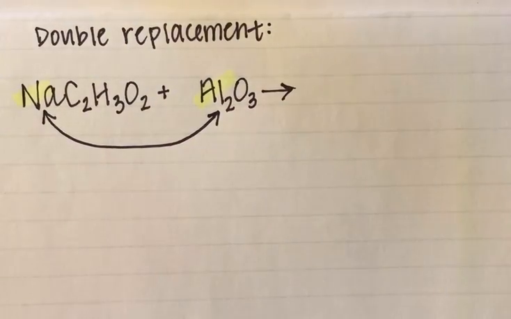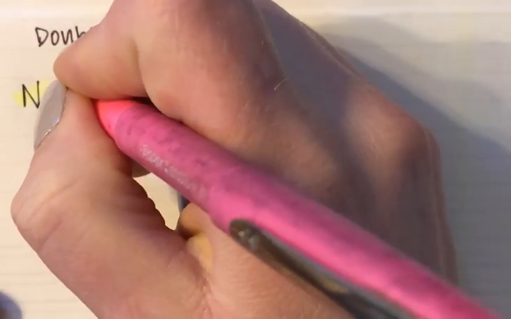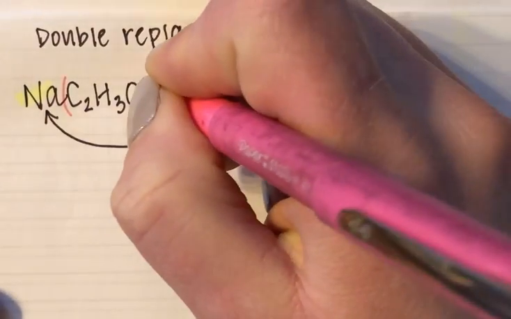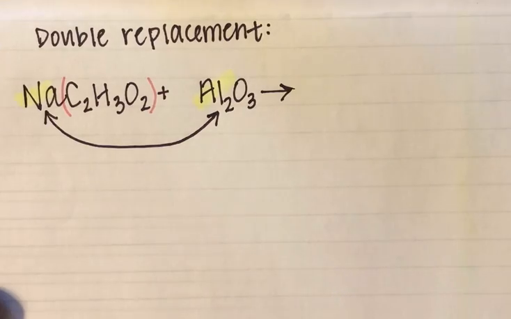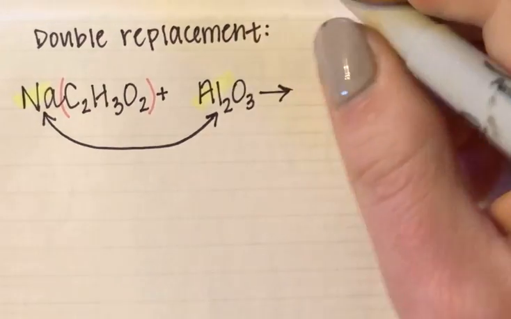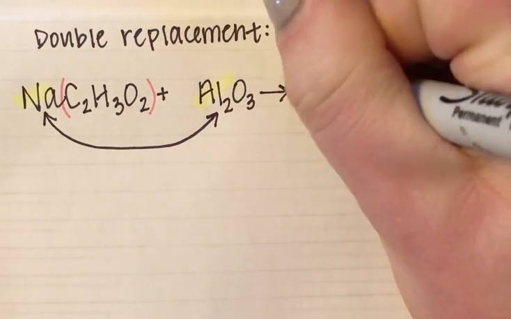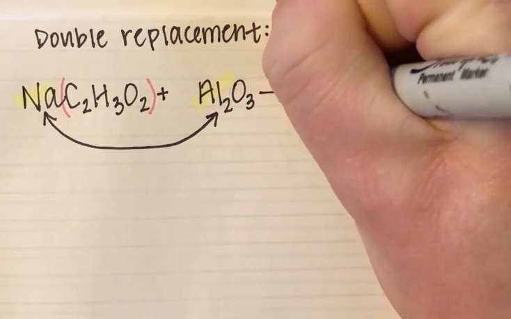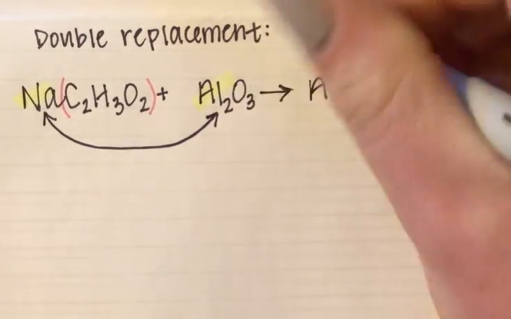In this case, we do have a pretty massive polyatomic ion, acetate, right here, as well as the anion oxygen that's bound to this aluminum. So we're going to see if sodium and aluminum will swap places. So when we do that, we end up with aluminum bound to our acetate.